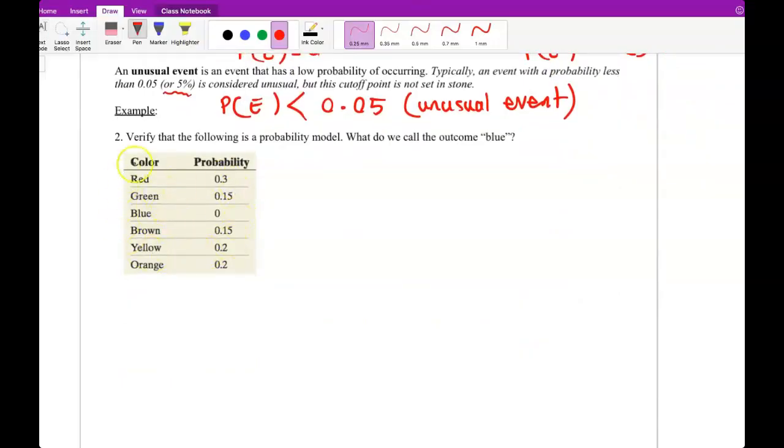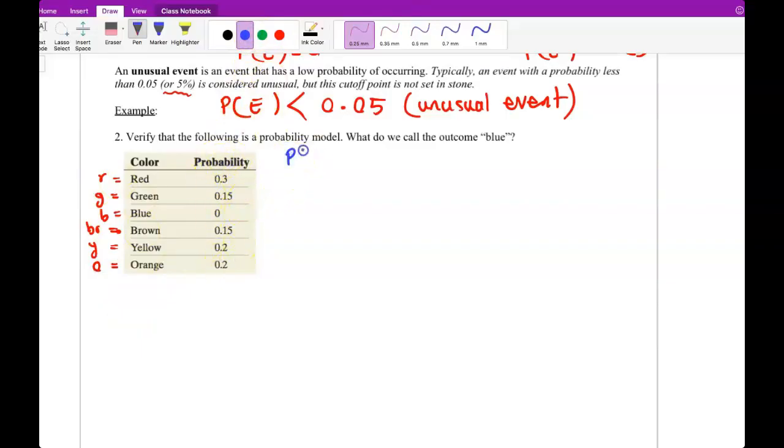Based on this table, the second column is probability. Let's use R, G, B, BR for brown, Y, and O. You don't need to write it like that, but I want to explain that these are probabilities.